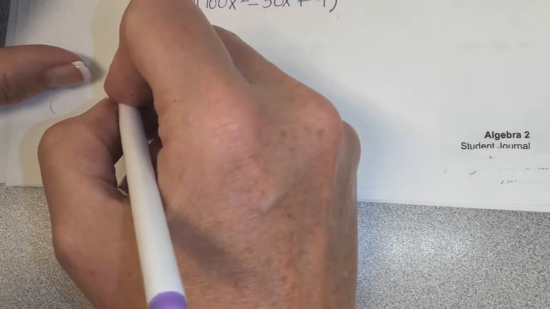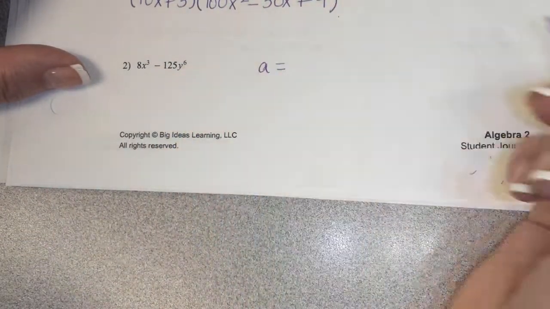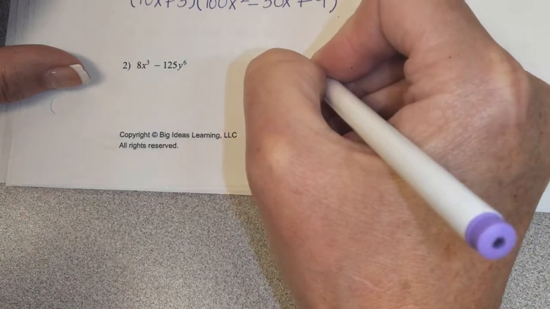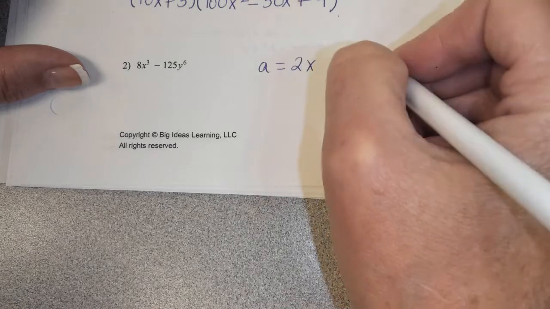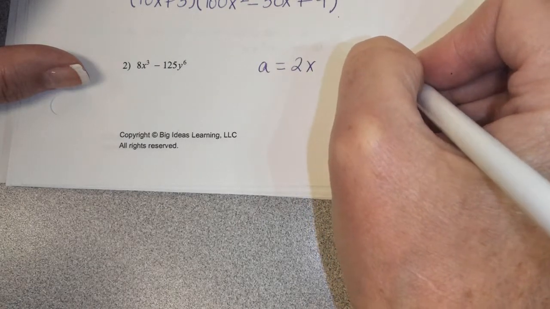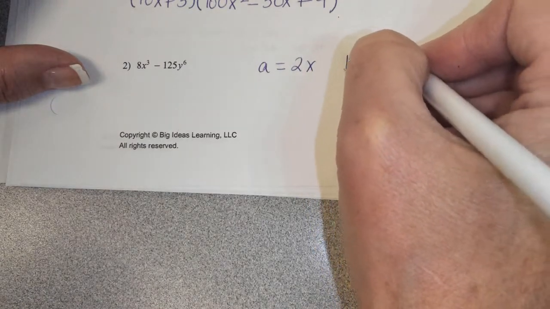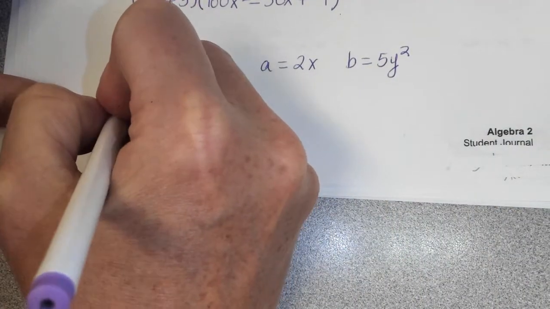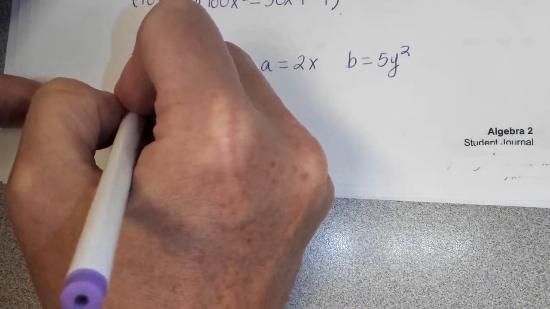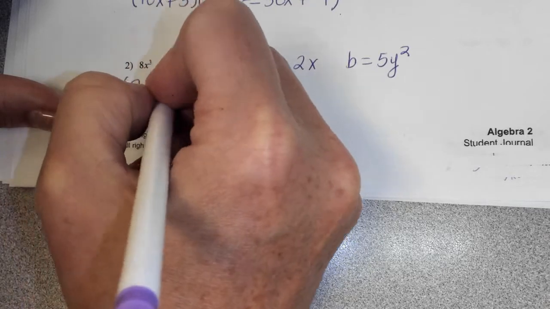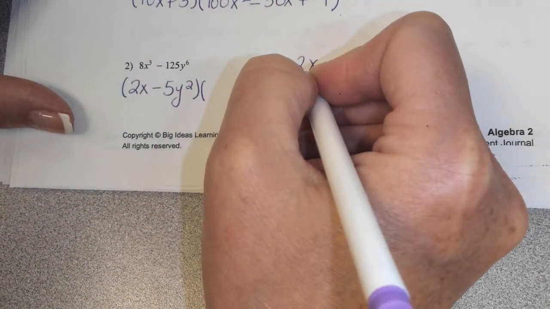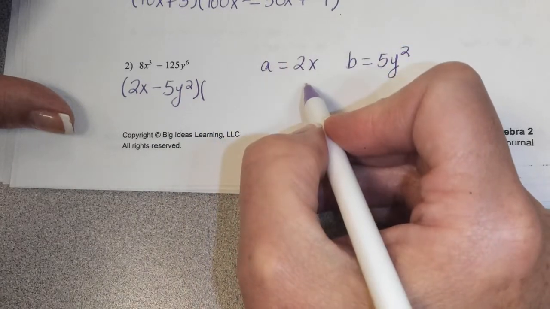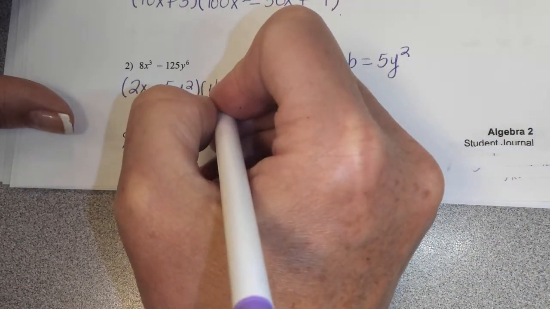Alright, what about number 2? What's a going to be in this case? 2x. What's b going to be in this case? 5, not just 5y, but 5y squared. Good. Now it's going to go a, match the sign, minus b. Then a squared, which 2x squared is going to be 4x squared.